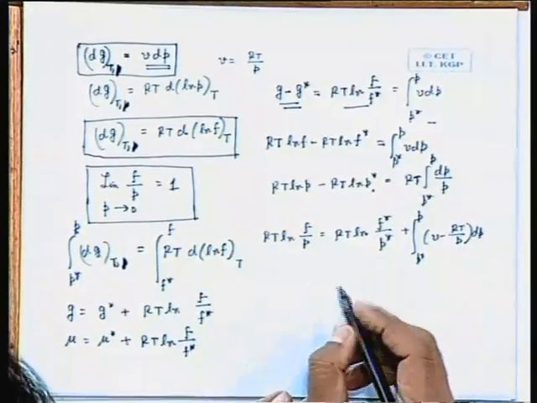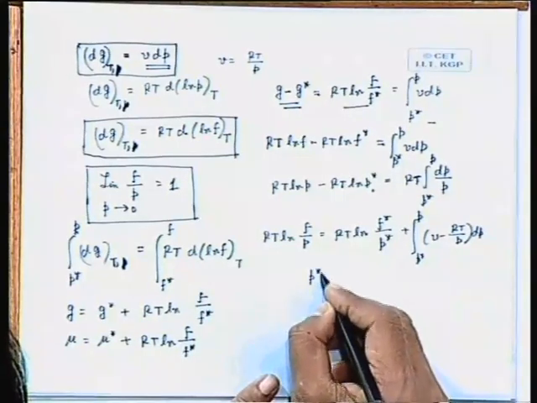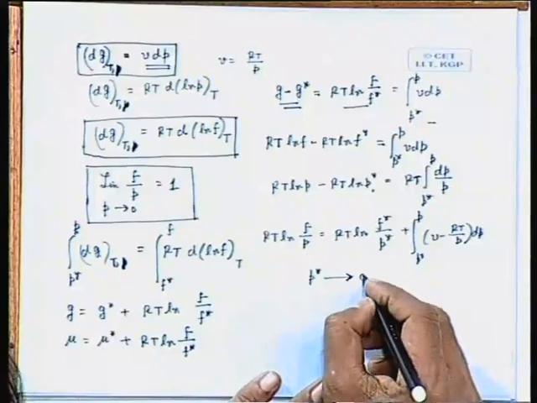Now, if I consider P star very small, that means the reference state is such that the pressure of the reference state approaches 0.